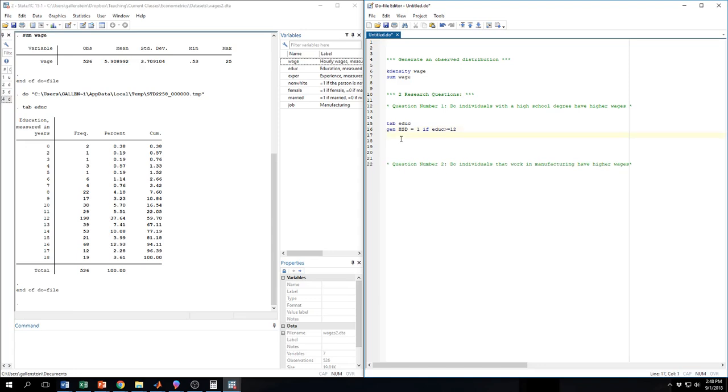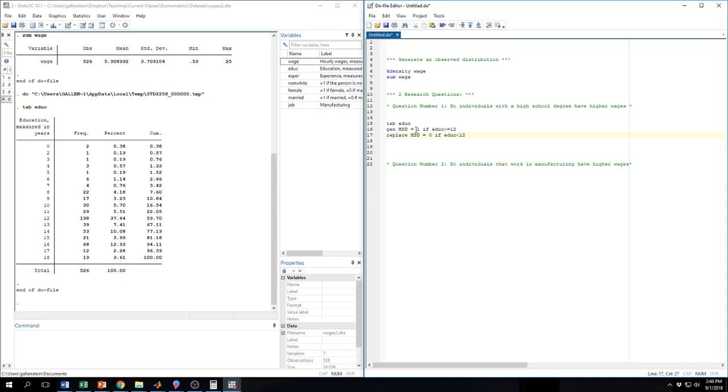And then I want HSD to equal 0 if they have less than 12 years. So then I'm going to use this command, replace HSD equals 0 if EDUC is less than 12.